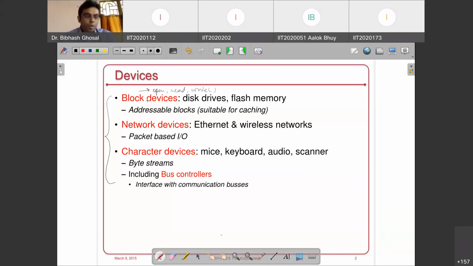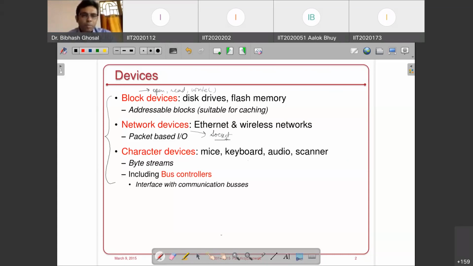When you talk about network devices, which move data in the form of packets, we use standard interfaces such as sockets, where there are some defined rules, we call them protocols, that must be followed for the data transfer to take place.